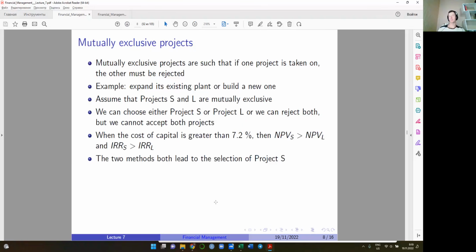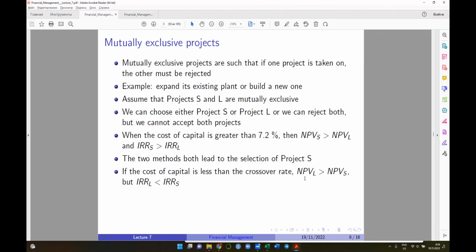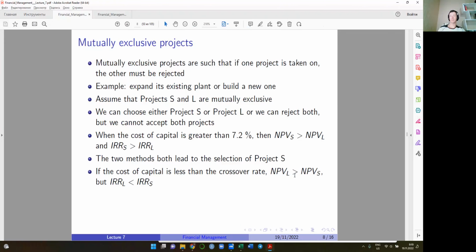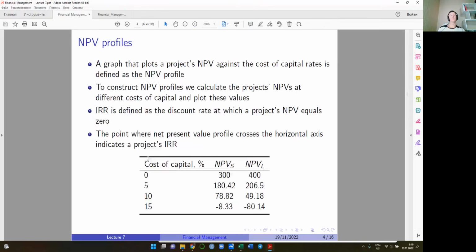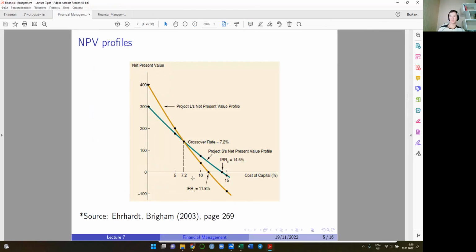But suppose that the cost of capital is less than the crossover rate. In this case, the net present value of L is going to exceed the net present value of project S, but the IRRs are related in the same way. If you look at the NPV profiles graph, you will immediately see that IRRs are not changing with the cost of capital.